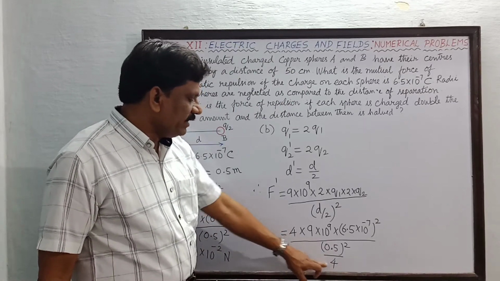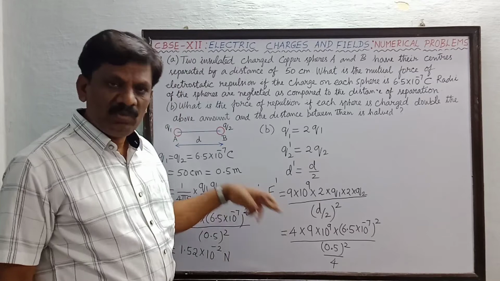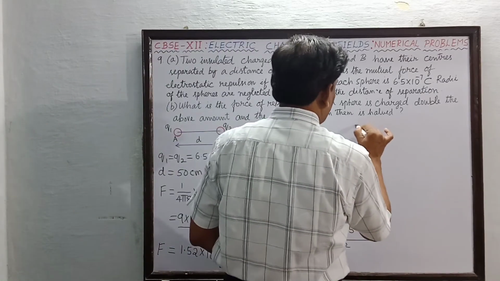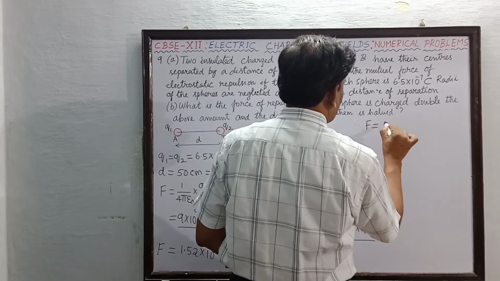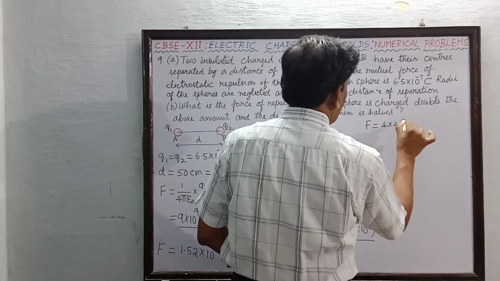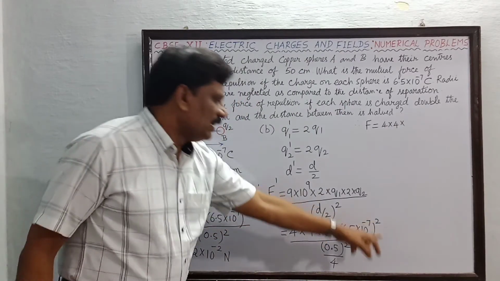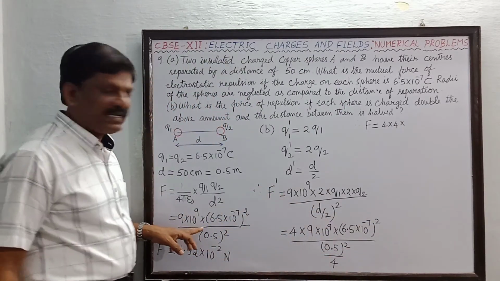Now this 4 in the denominator appears in the numerator, so it becomes 4 into 4. Therefore F dash is equal to 4 into 4 into the remaining factors, which are the same as in the first case.